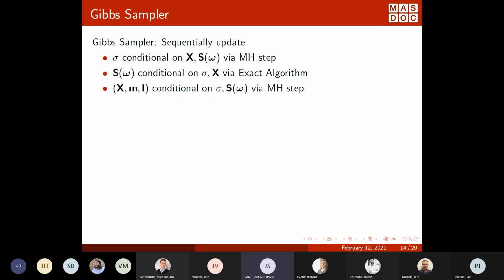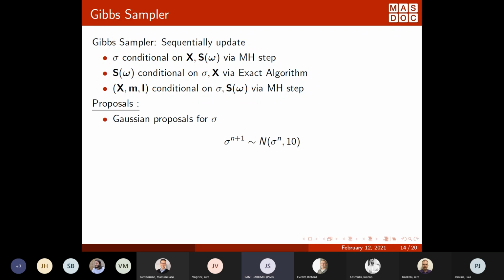So we'll now set up a Gibbs sampler. We're sequentially going to update sigma, conditional on x, s, and this should read also MNL, via Metropolis Hastings step. We're going to update our skeleton points using the exact algorithm, conditional on everything else. And then we're going to update these XMLs conditional on sigma, s via Metropolis Hastings step again.